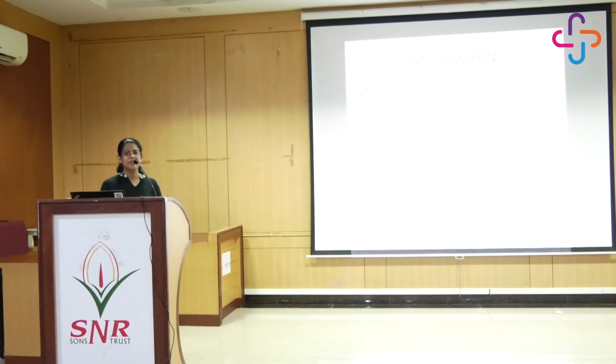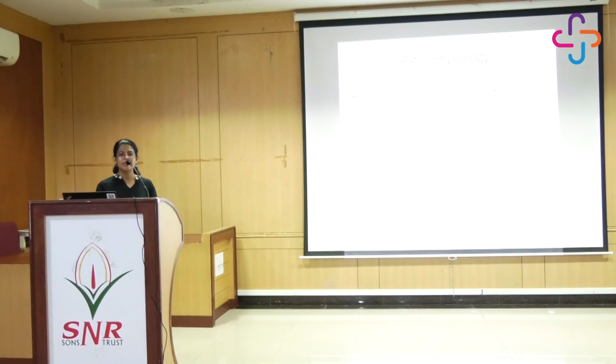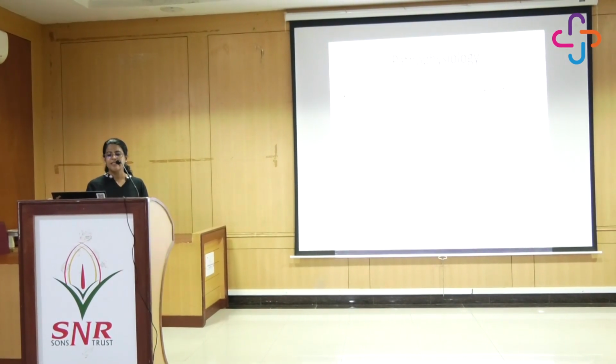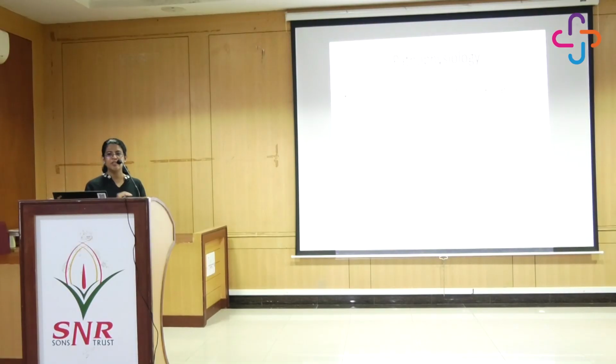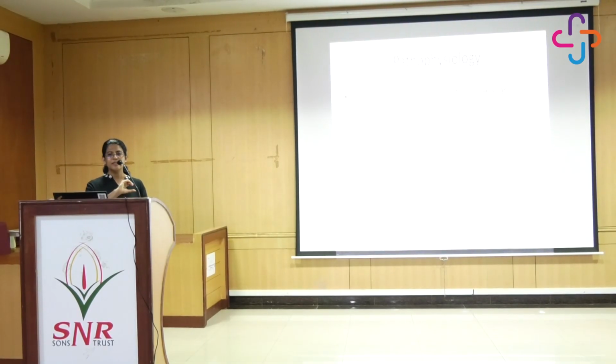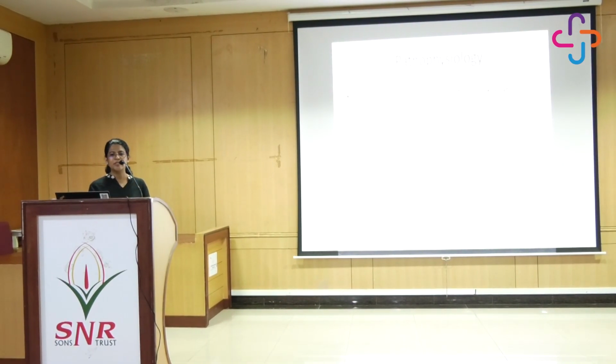So what happens? Why do patients end up with these intrauterine adhesions? There is damage to the basal endometrial layer. The basalis layer of the endometrium is the one which regenerates the endometrium on a monthly basis.